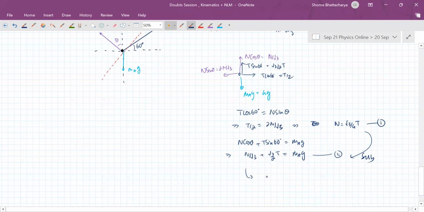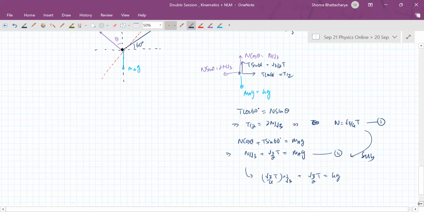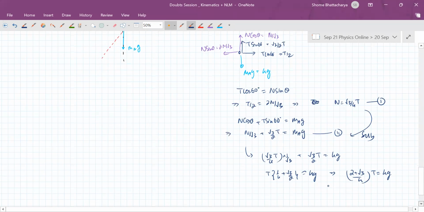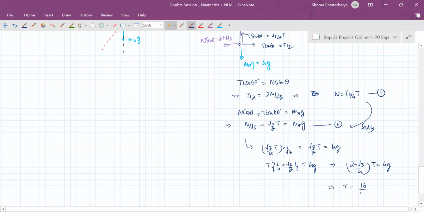So this equation becomes root 3 by 4 T into 1 by root 3 plus root 3 by 2 T is equal to 4g. So it becomes T into 1 by 4 plus root 3 by 2 is equal to 4g. So 2 plus root 3 by 4 T is equal to 4g. So the tension in the thread becomes 16 upon 2 plus root 3, times g.